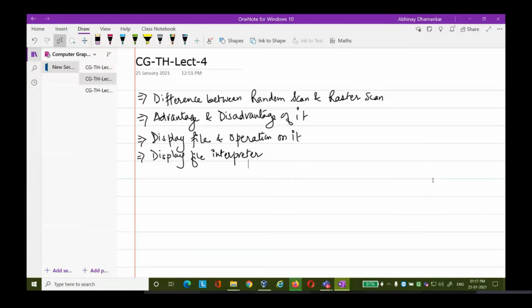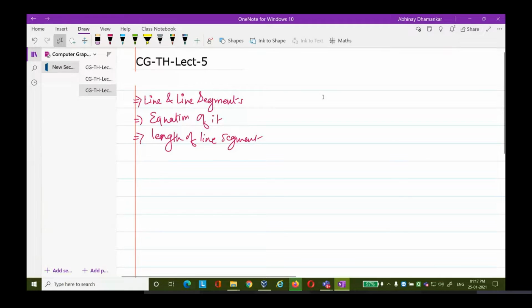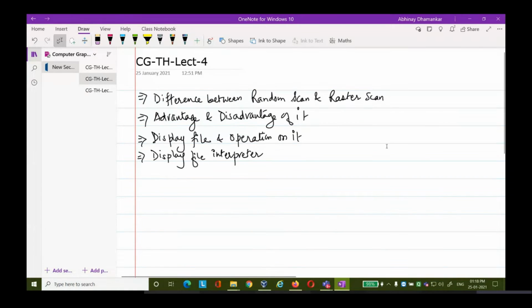Then in the next lines, line segments, there is the equation of the length of the line segment, and some more operations on it, like intersection. From here onwards, our equation of lines and their mathematics part will be starting. Let's start our discussion. What is the difference between random scan versus raster scan?